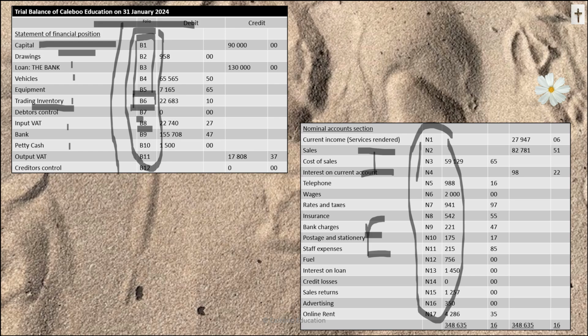So all the folios I've taken from the previous month's trial balance. If you get asked a question in a test or exam, look for the folios. If you're not given the folios, obviously you can't fill them in. But a good place to look for the folios for the ledger accounts is a trial balance.